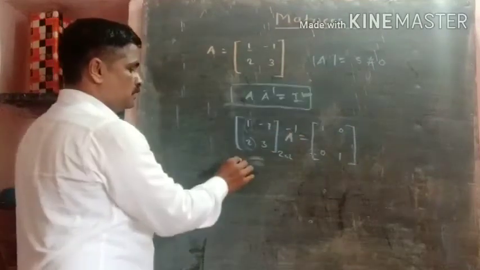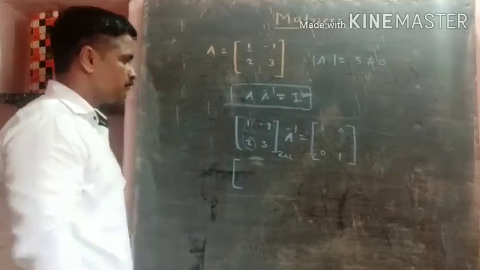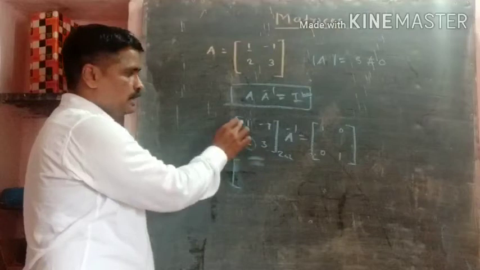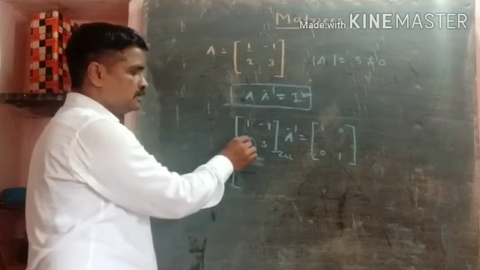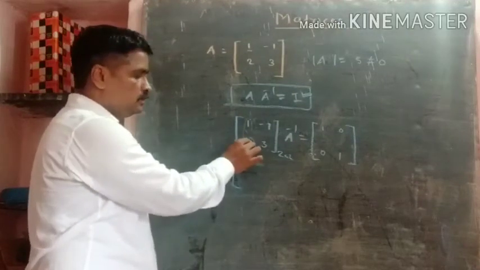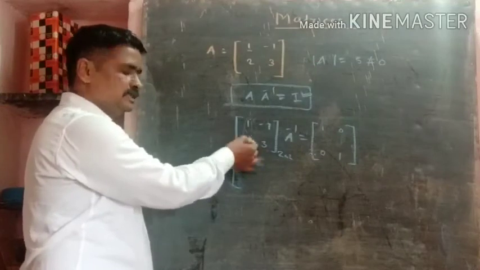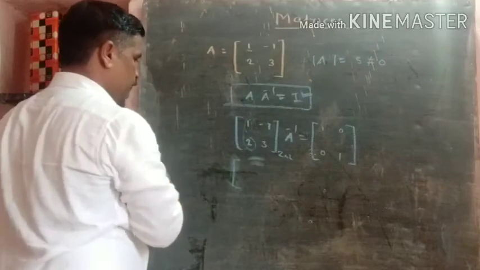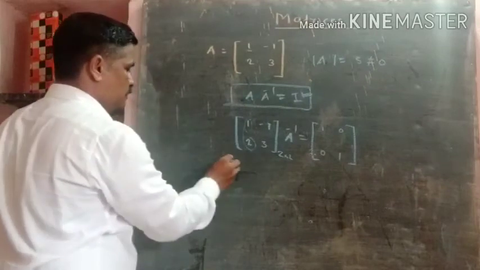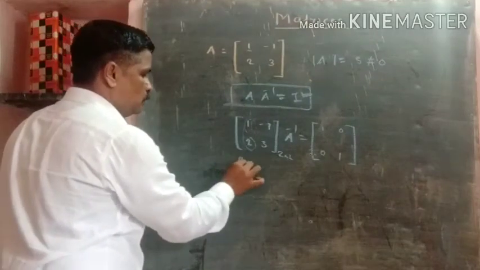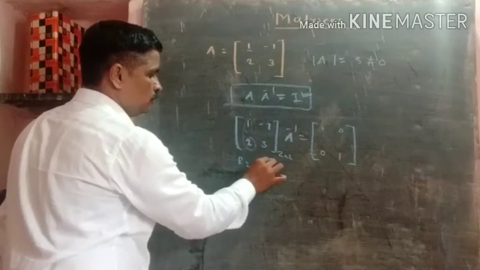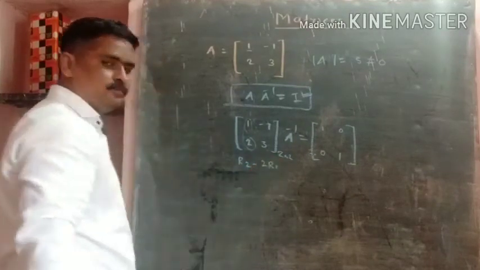So what procedure do we apply here? If we use R2 minus 2R1, that means we subtract 2 times R1, then we get a 0. So apply R2 minus 2R1.